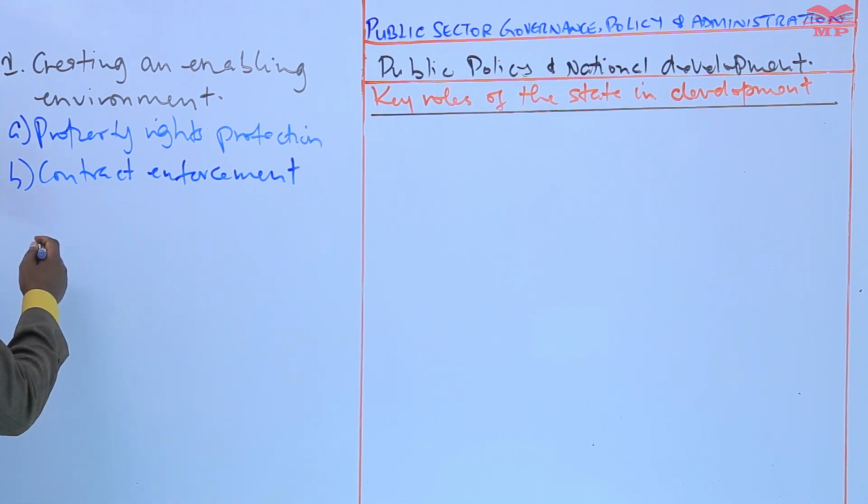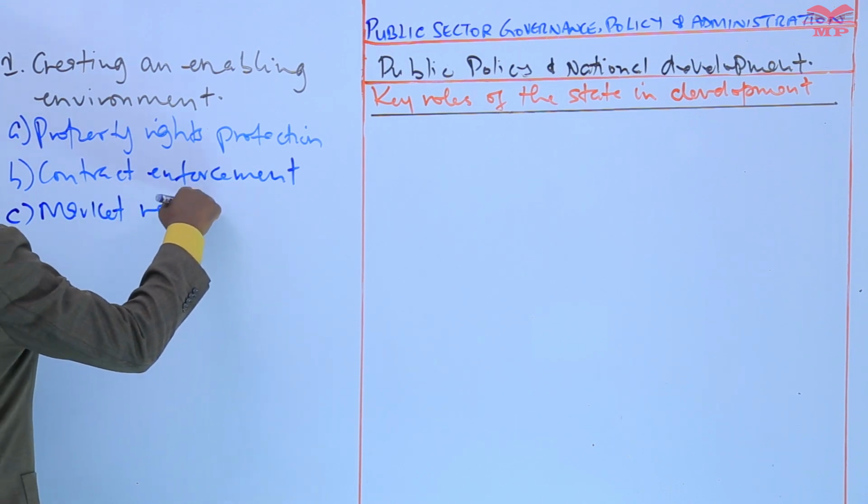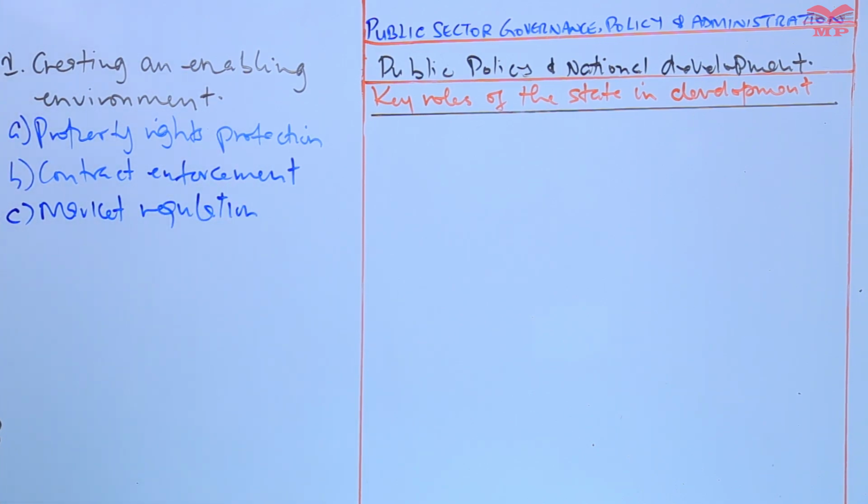Another way of creating an enabling environment is by regulating the market. Market regulation may involve preventing monopolies, ensuring that there is fair competition, and also protecting consumers.